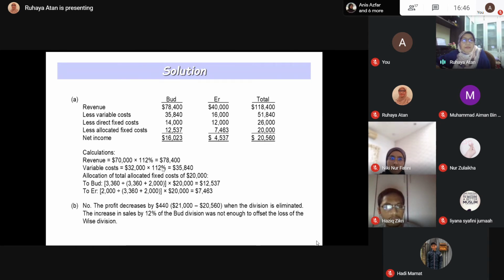So here the variable cost also increases. And then allocation of the total allocated fixed cost. This is how the allocation of the total fixed cost, right?